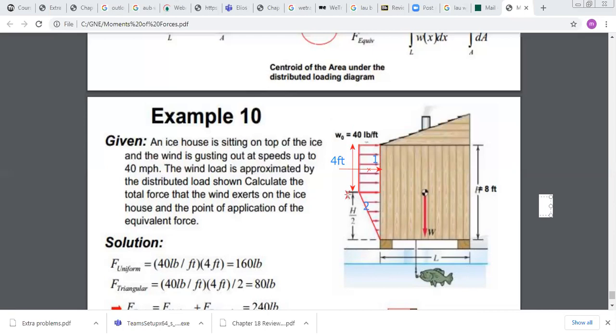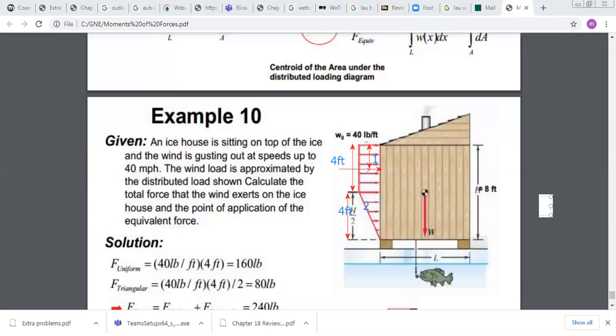And here the distance is also 4. So I can say that my centroid is at 2 meters from the top. So from here to here, from the top, the centroid is at 2 meters. And from the bottom, it is at 6 feet.